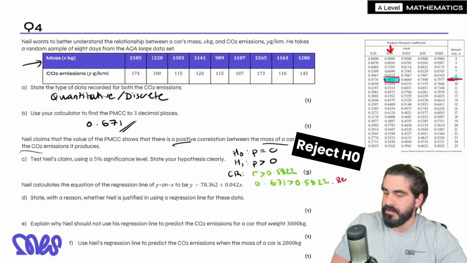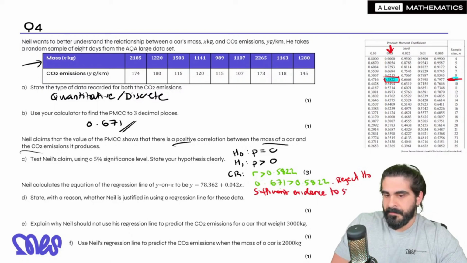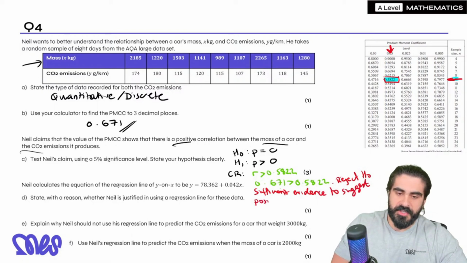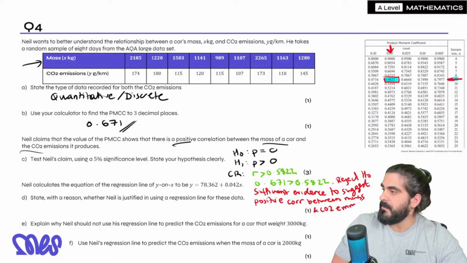There is sufficient evidence to suggest, it's always the same conclusion, positive correlation between what? Mass and CO2 emissions. I'm just going to say EMM.